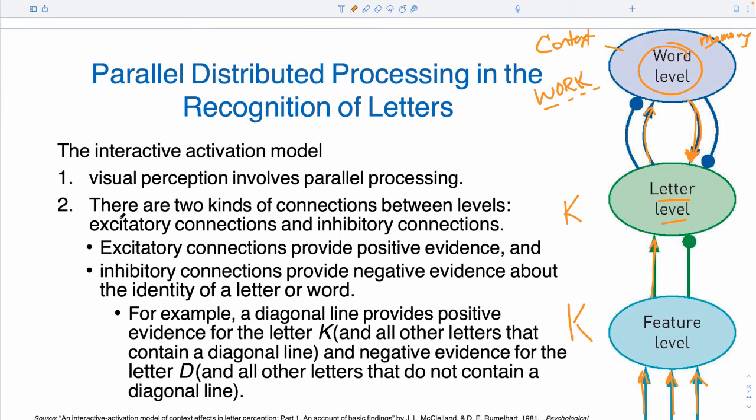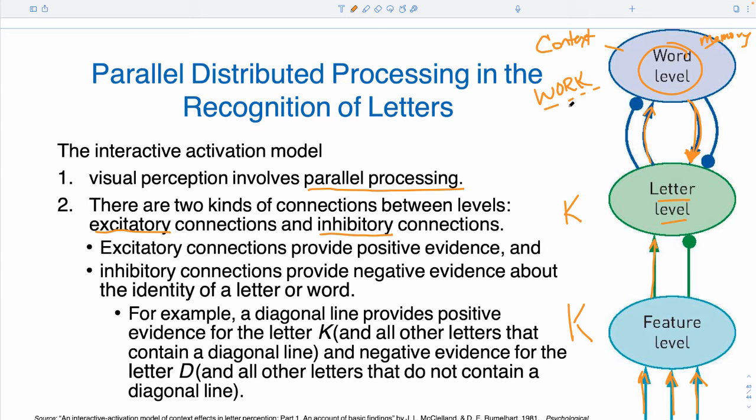And so they identify in their models that these two processes are happening in parallel, in other words, at the same time, the bottom-up and the top-down. And they propose that there are two kinds of connections between levels: excitatory connections and inhibitory connections.